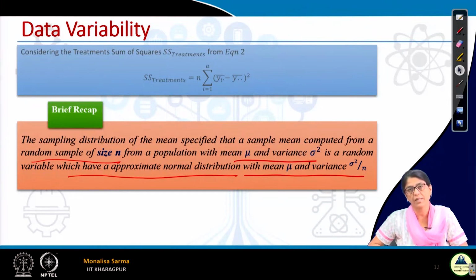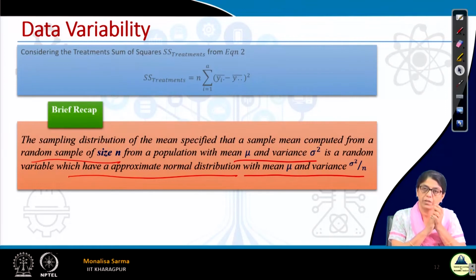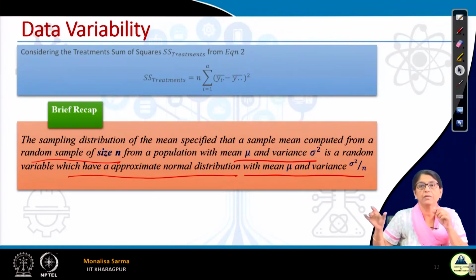What does this say? If we take a sample from a population with mean mu and variance sigma square, then from the sample we find the mean of the sample. Let me call this mean x bar. Now, this x bar will have a sampling distribution, because for different samples we will get different x bar.